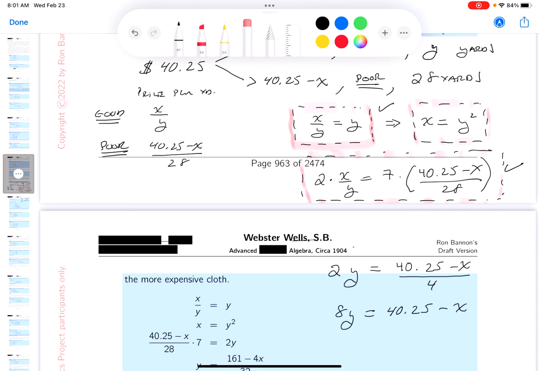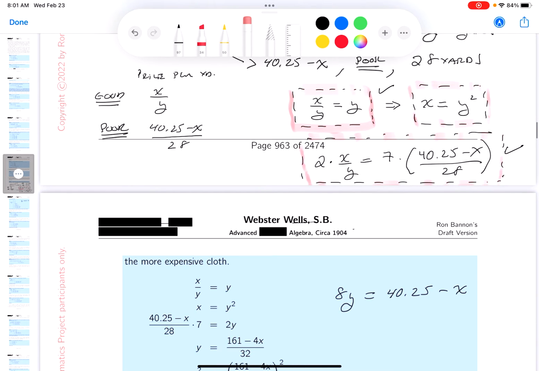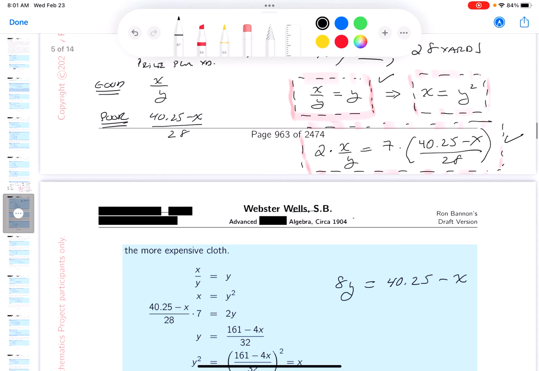By the way, it comes from here, and I did use that to get there. I'm going to get my eraser out and erase this thing over here. And again, I have a bunch of equations with two unknowns in them, and what I want to do is make a substitution. So I want to get this in terms of either X's or Y's. Maybe one day I do Y's, another day I do X, but if I know X, I know Y. So I'm going to write this over here. 8Y equals 40.25 minus, well, what's X equal to?